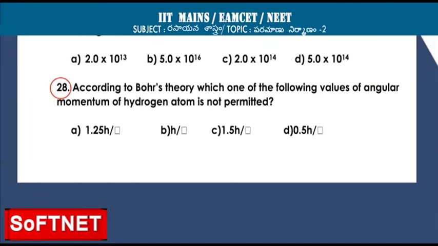According to Bohr's theory, which of the following values of angular momentum of hydrogen atom are not permitted? According to Bohr's atomic model, angular momentum of electron, mvr, has to be an integral multiple of h by 2 pi. If we get a fractional value, that is not a permitted value.